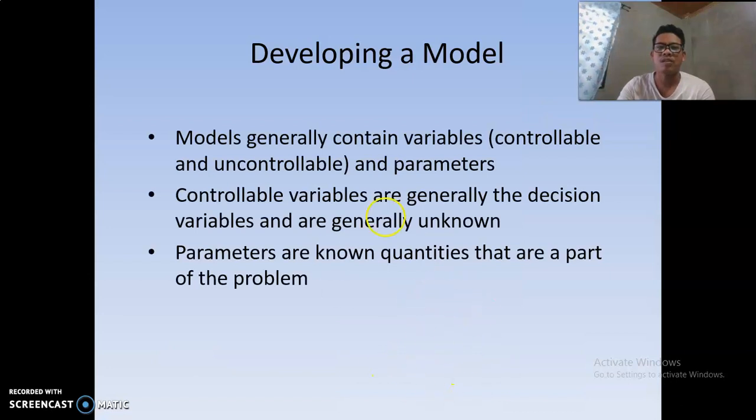Models generally contain variables that are controllable and uncontrollable. Controllable variables are generally the decision variables, for example sales, demand, and expenses. Uncontrollable variables are things like weather conditions and absence of key personnel.